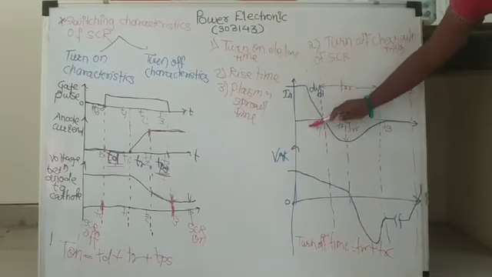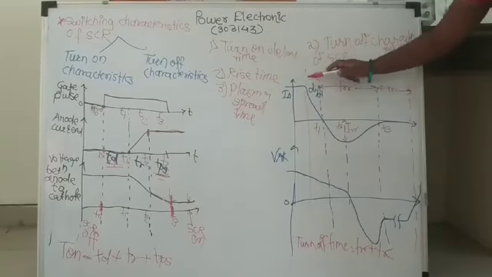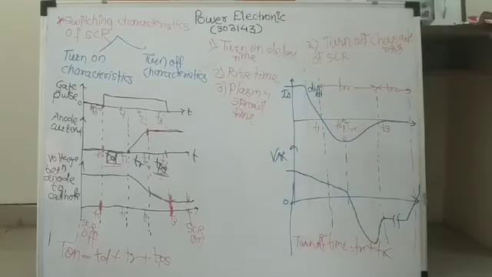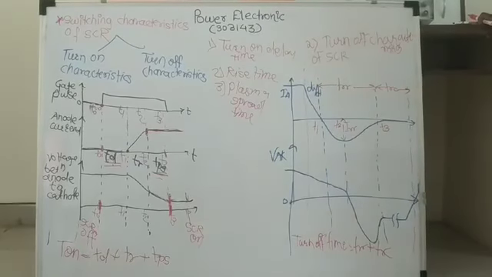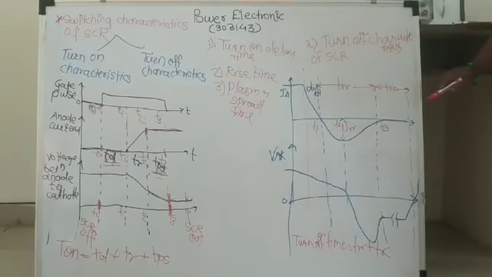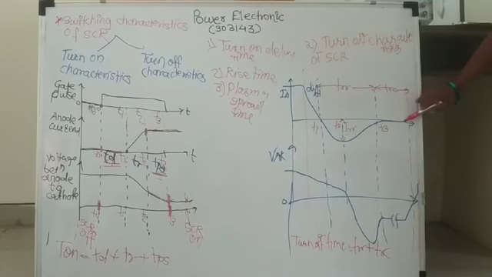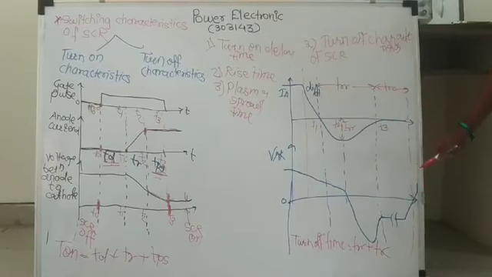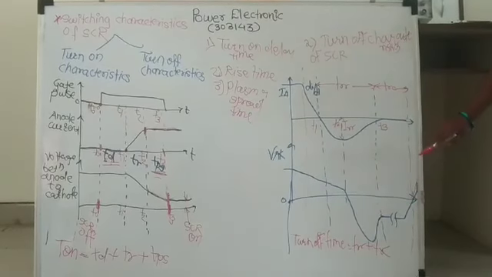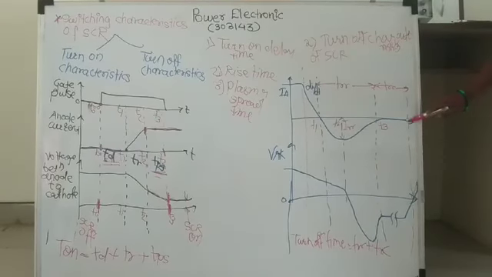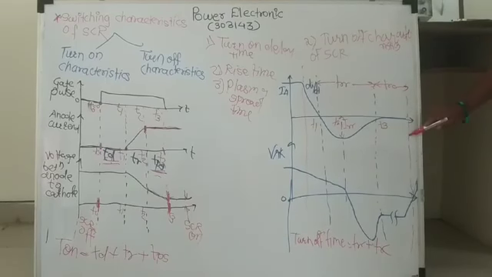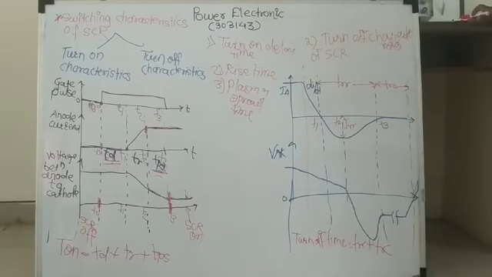Means before that your SCR is totally in on condition. And here your anode current becomes 0 and voltage becomes high, which means this is a totally off condition.